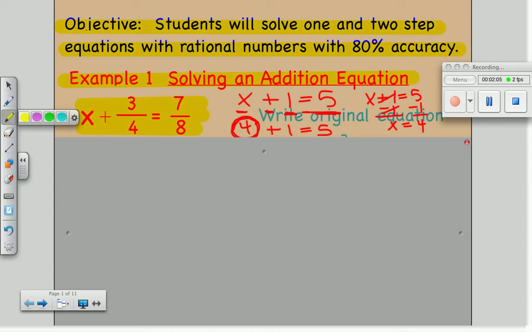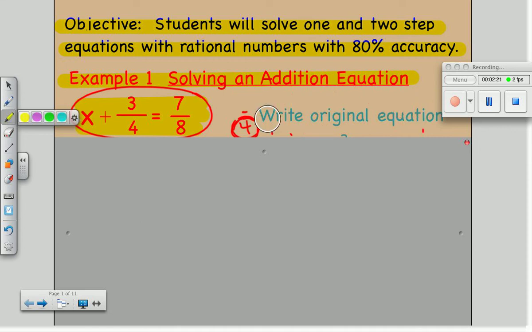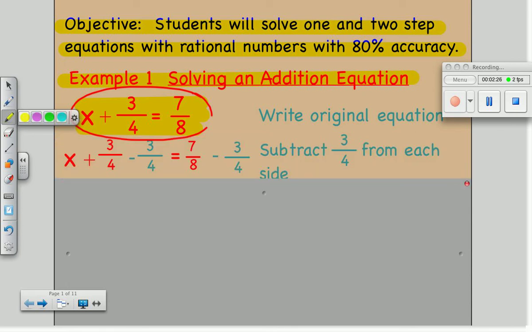You're going to do the same strategy over here with this fraction. If I subtracted 1 from both sides on this problem, I'm going to subtract 3/4 from both sides on this problem. So we have x plus 3/4 minus 3/4 equals 7/8, and we subtract 3/4 from here too.